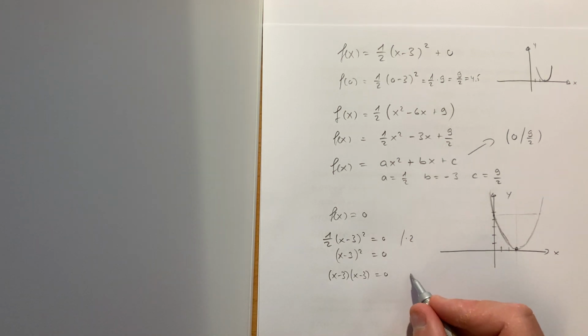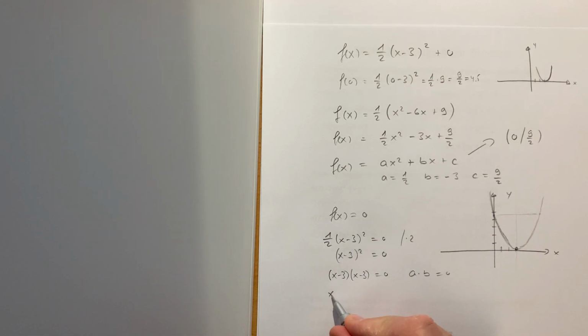And whenever you have a times b is equal to 0, then a is 0 or b is 0 or both. So in this case, either x minus 3 is 0, which leads to x is equal to 3, or x minus 3 is equal to 0, which leads to x is 3. So you see, you have 2 zeros in fact, but they're in both cases the same.